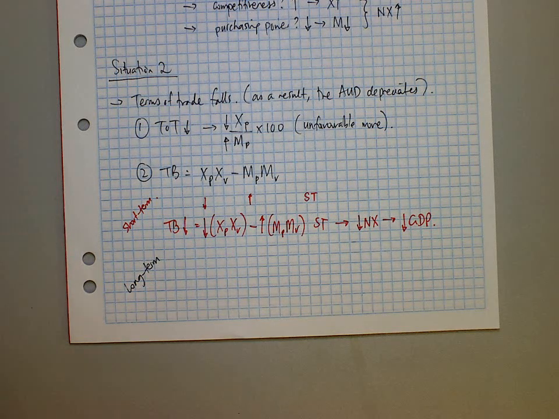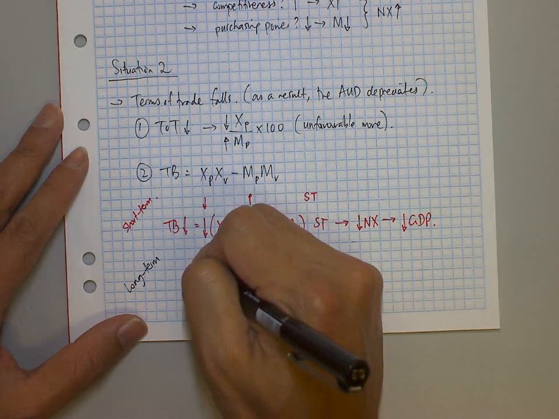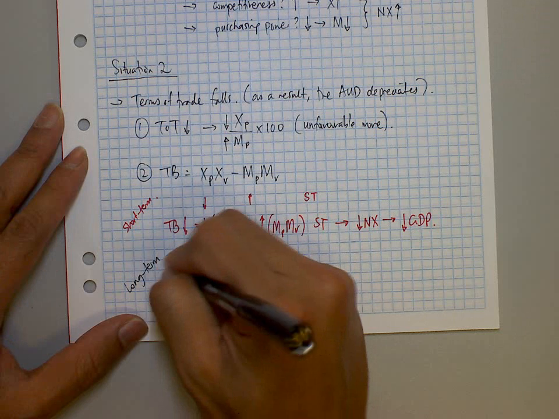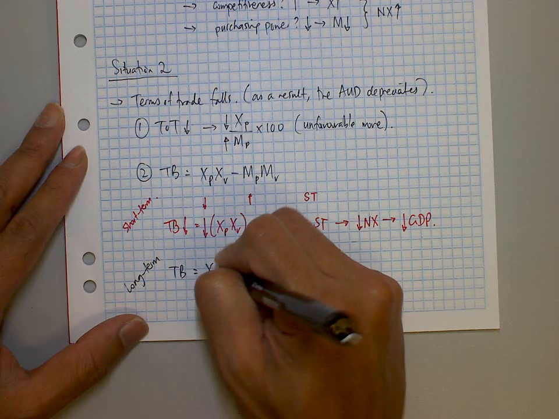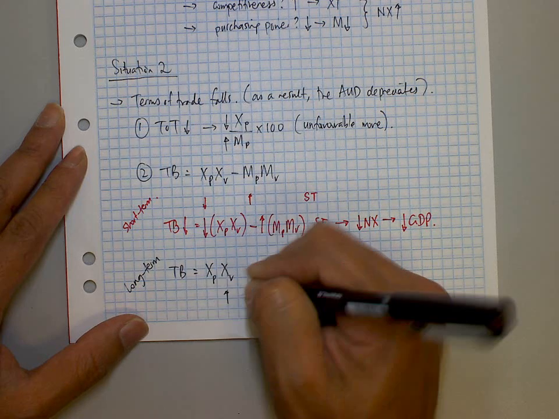In the long term, people can adjust what they decide to buy and sell based on the new prices. So if you know that our export prices have declined, what our trading partners will do is decide to increase the amount that they buy because it's cheaper. Okay? So in this case, in the long term, we're going to see the trade balance change, and we're going to see the volumes side of things increase.